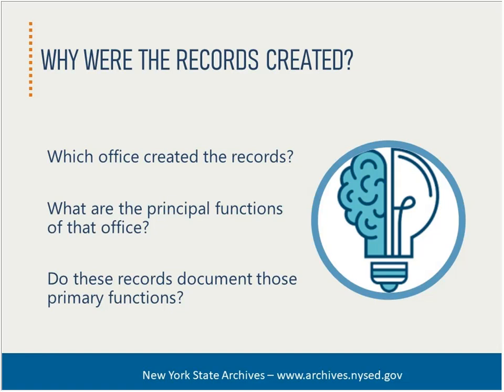You want to preserve a record not of how every employee performed every small task, but of how the office overall fulfilled these principal functions. In particular, you need to determine what is the best set of records to provide the evidence of these functions. Records that preserve the essential evidence of the office's principal functions are normally more significant.